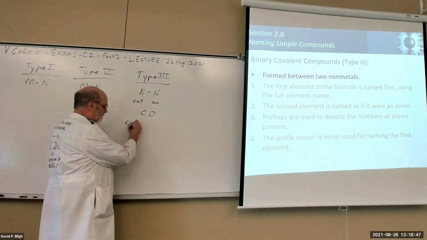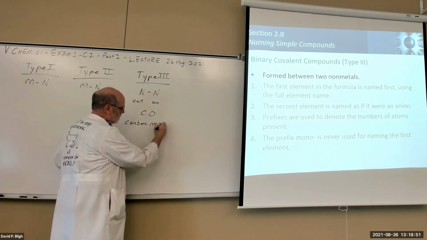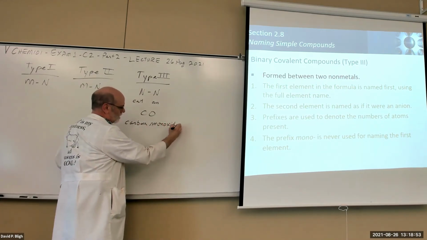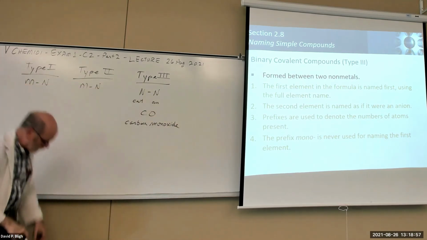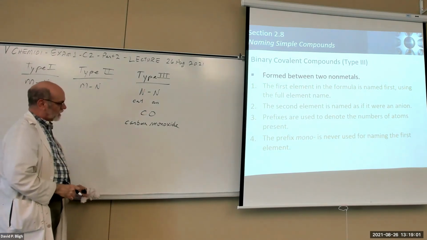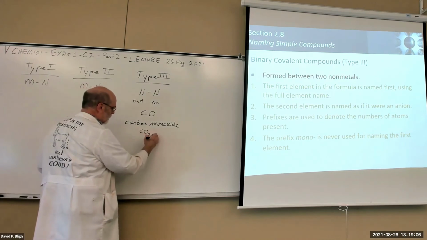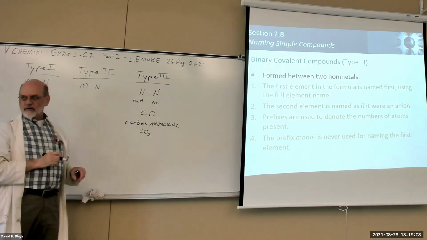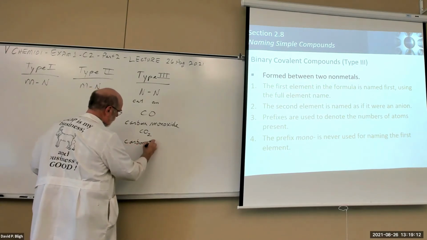We just say carbon, and then how many oxygens? And we use the IDE ending, just like we would with either one of those. Or the one that's supposed to be an existential threat to the planet. Carbon dioxide.